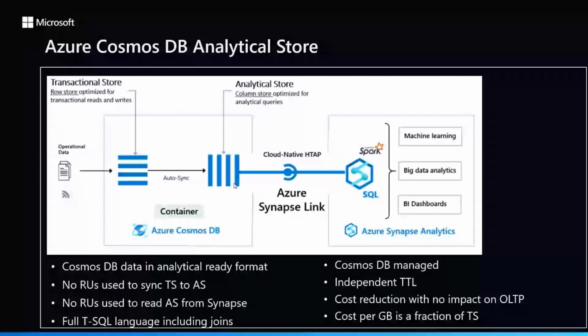This whole solution allows customers to reduce costs with no impact on your transactional workloads. So you don't need to provision RUs for analytical workloads on your transactional store anymore. Also, the last advantage, the cost per gigabyte is a fraction of transactional store. So really cheap, very effective.